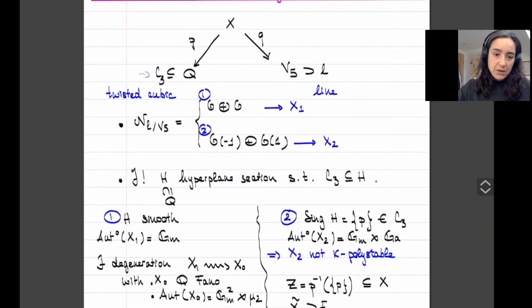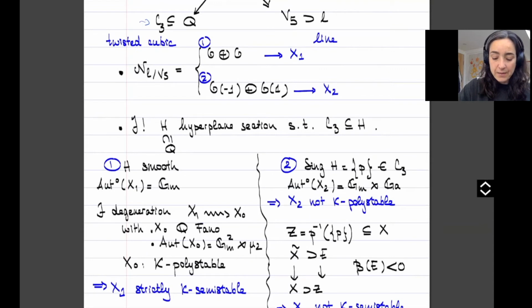Now this X0 is actually singular, so it's not isomorphic to X1. So by openness of K-semistability, you can conclude that X1 is K-semistable, but it's not K-polystable because it's not isomorphic to X0.